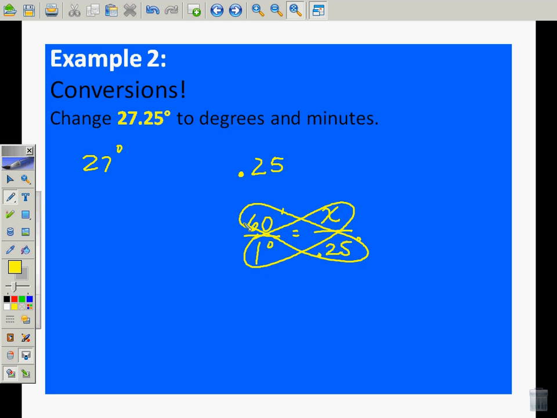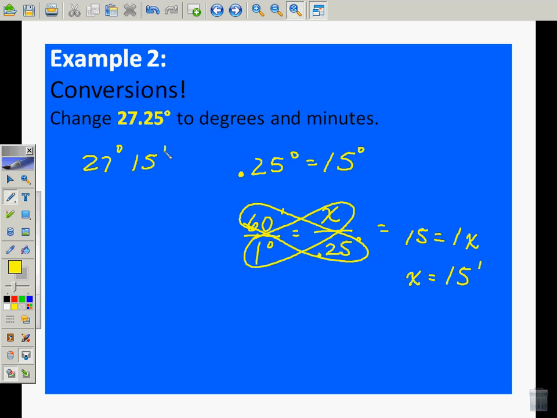So I'm going to cross multiply, and I get 0.25 times 60 is going to give me 15 is equal to 1x. So x is going to be equal to 15 minutes. And so this 0.25 degrees is equal to 15 minutes. And so I know that when I convert that 0.25, I'm going to have 27 degrees and 15 minutes.